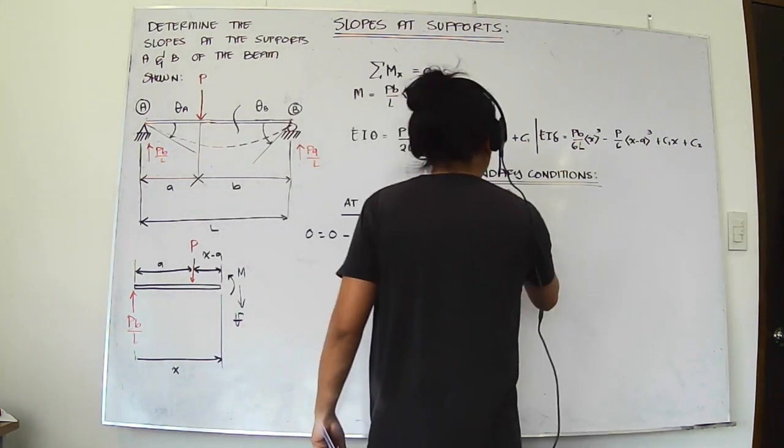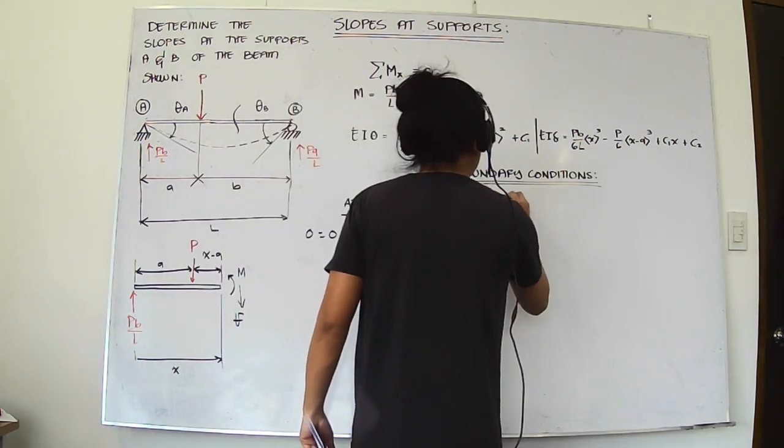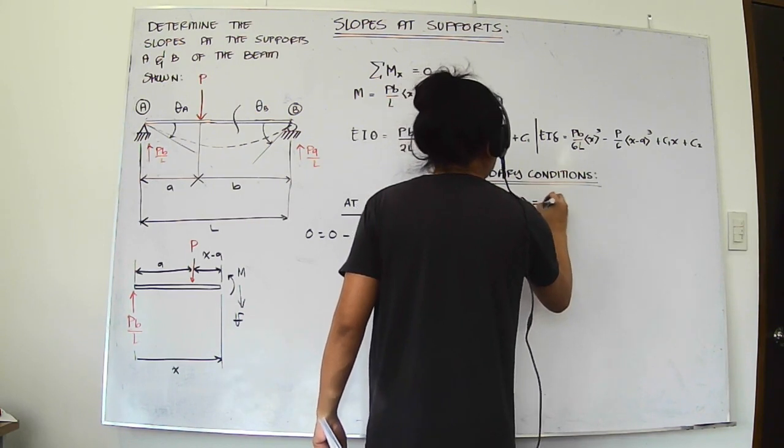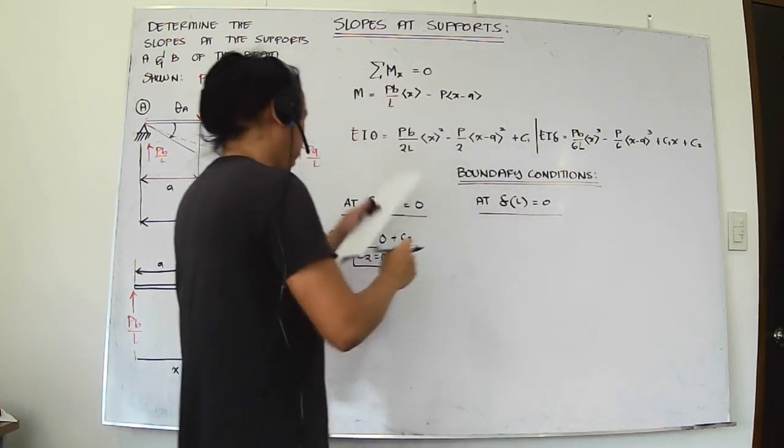Now for the other support, when X is equal to L, the deflection is also 0.